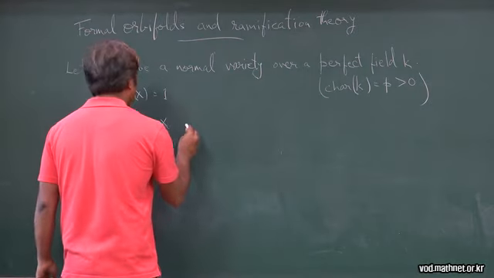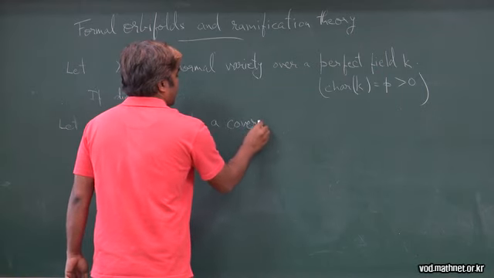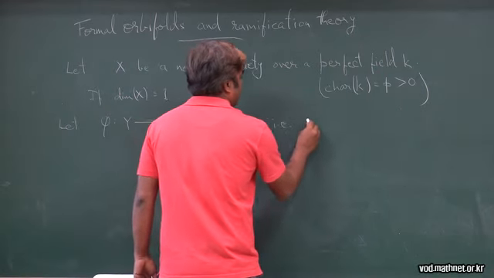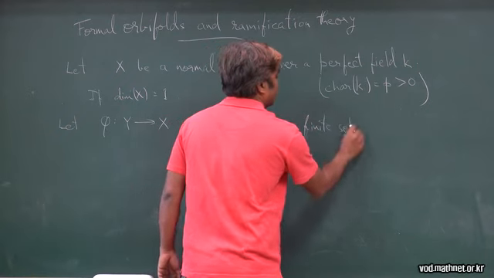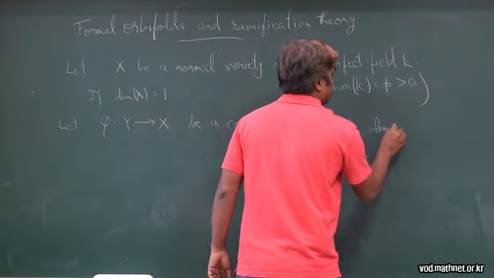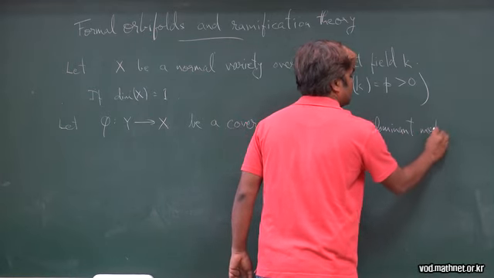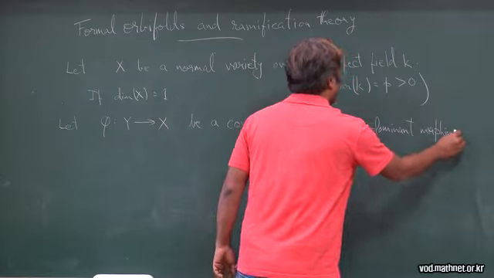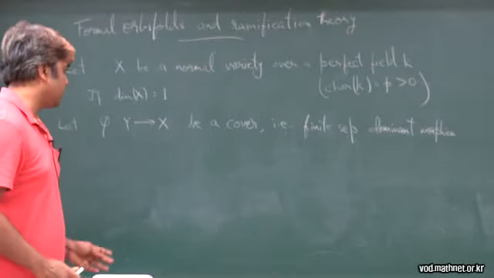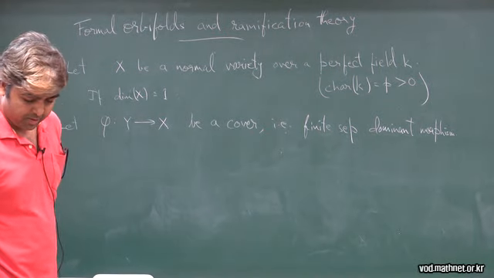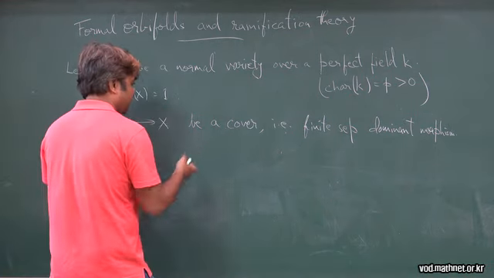So let phi be a cover, a finite separable dominant morphism. Separable basically means generically étale, and it should be dominant, and I assume Y is again normal.